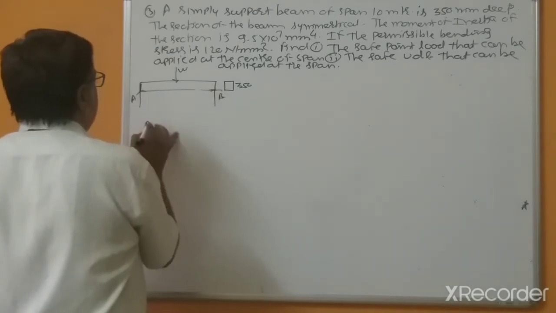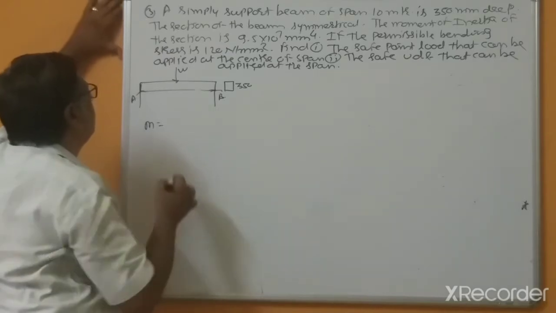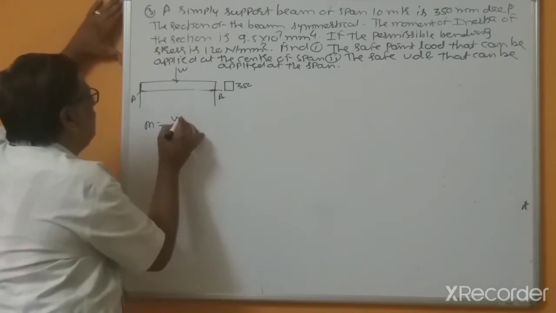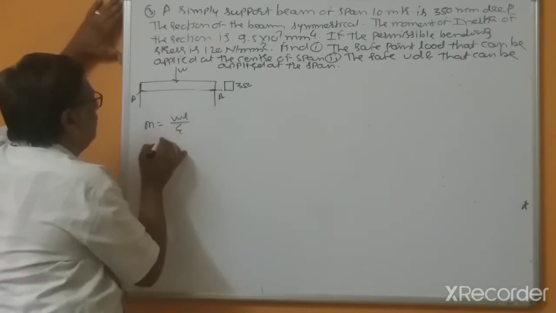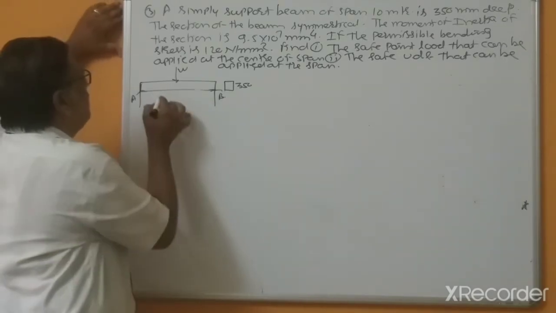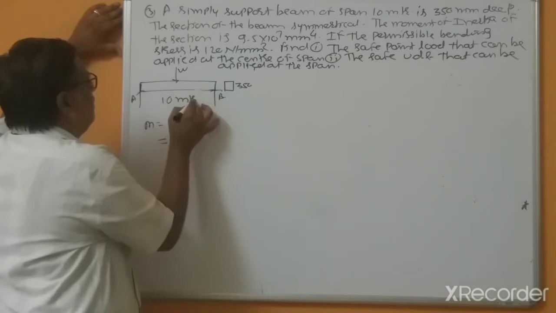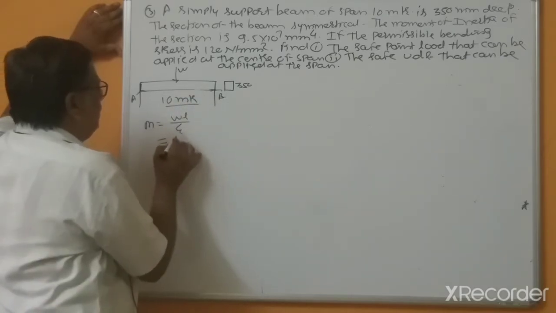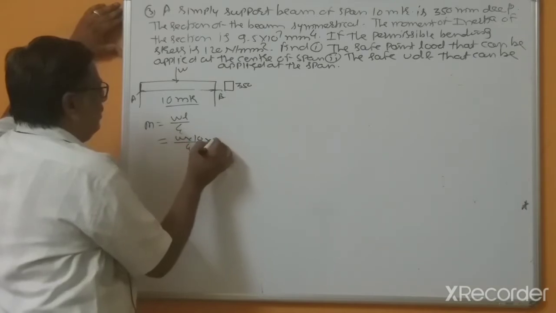So maximum moment equal to, in this case, WL by 4. So length equal to 10 meters. So that's why W into 10 divided by 4.